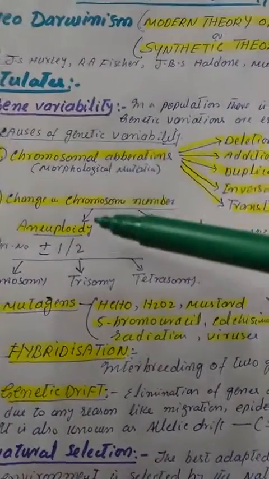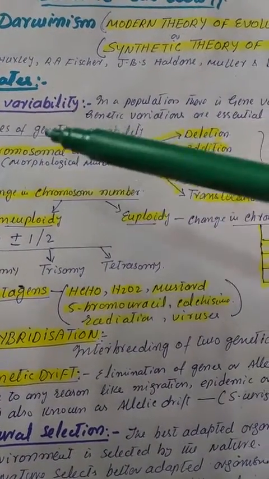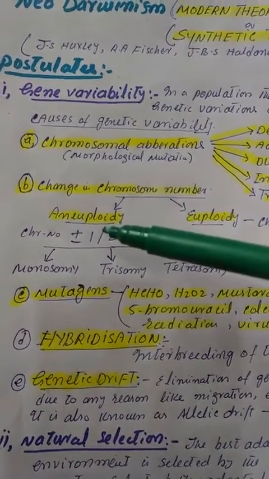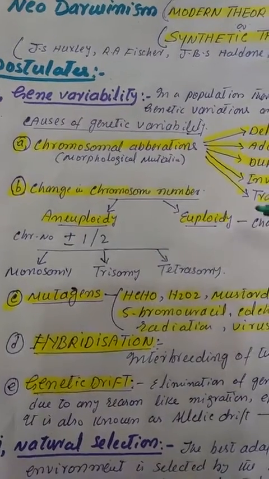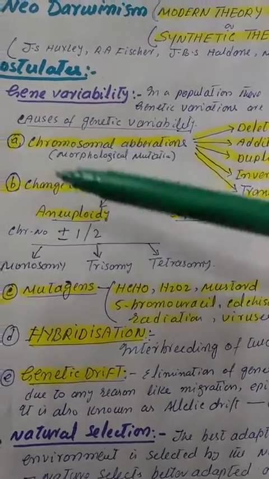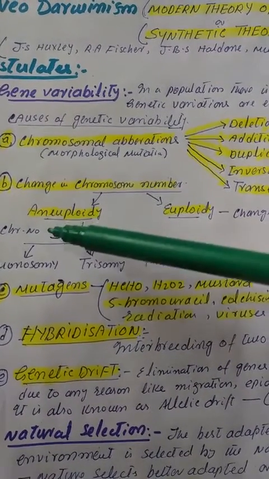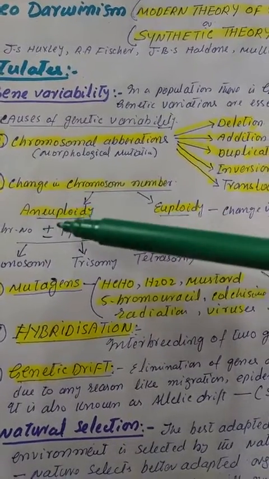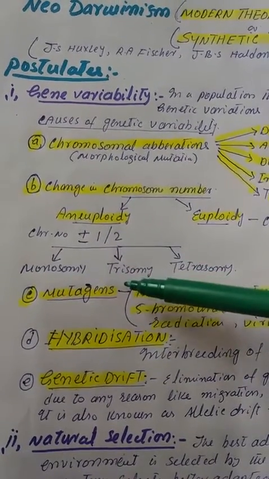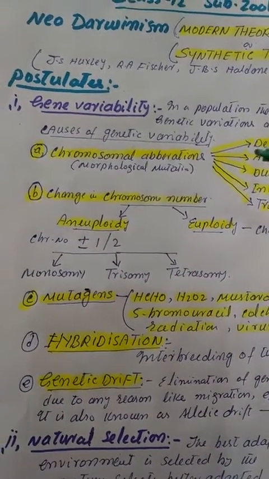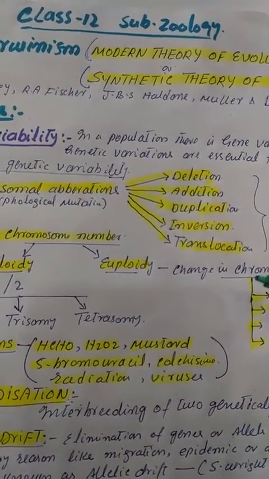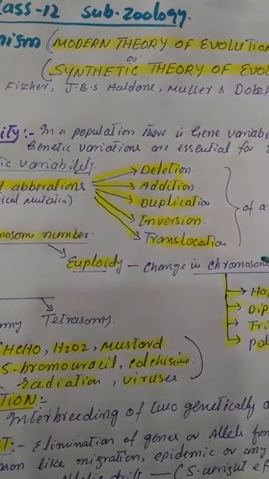Secondly, the second cause of genetic variability may be change in chromosome number, which may be aneuploidy or euploidy. In aneuploidy, the chromosome number gets increased or decreased by one or two chromosomes. That leads to monosomy, trisomy, or tetrasomy respectively. Similarly, euploidy means that there is a change in the whole set of chromosomes.